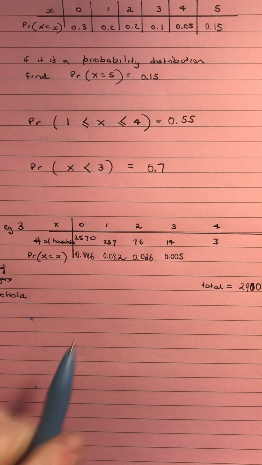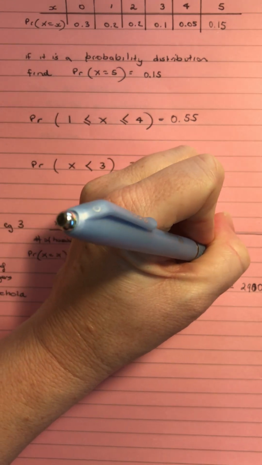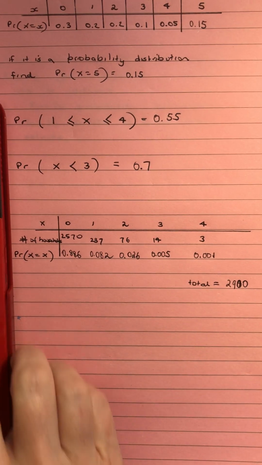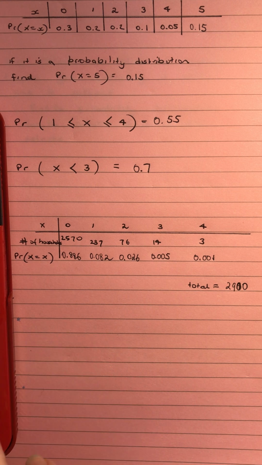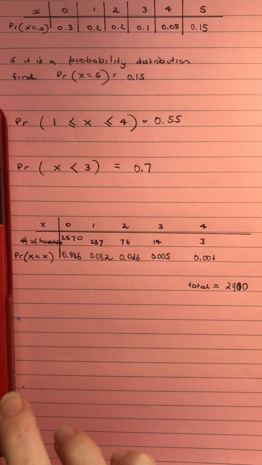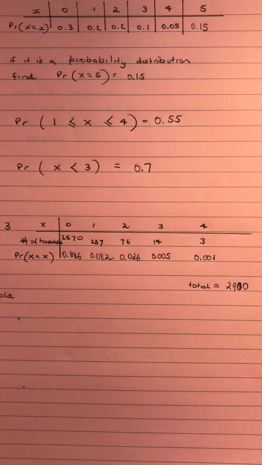And then my last one, I can either grab these four, add them together and take them away from 1, or do that 3 divided by 2900. I get 0.001. And then I'll quickly check that they add to 1, and I might have had to round differently there. Hopefully it works out. 0.886 plus 0.082, plus 0.026, plus 0.005, plus 0.001, and it adds to 1. So that worked out well.